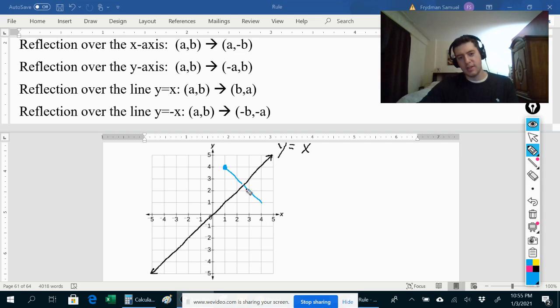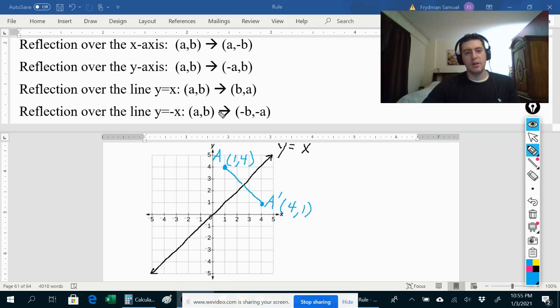Anyway, this is the same as this. So if this is, let's just call it A, then this would be A prime. If this was at (1, 4), then A prime is at (4, 1).